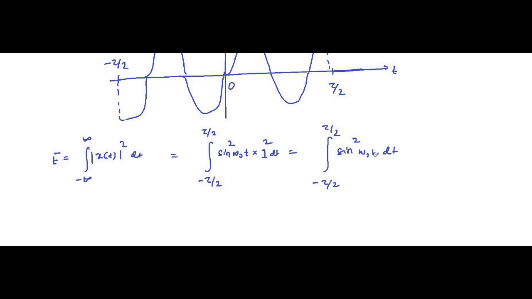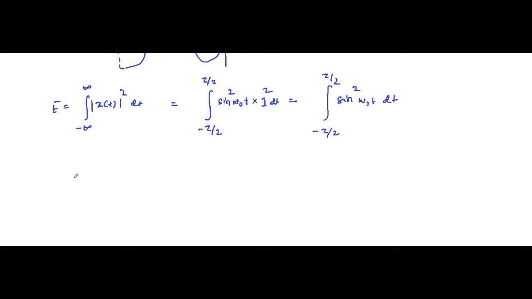Here we can write it, starting from here, from minus tau by 2 to tau by 2.